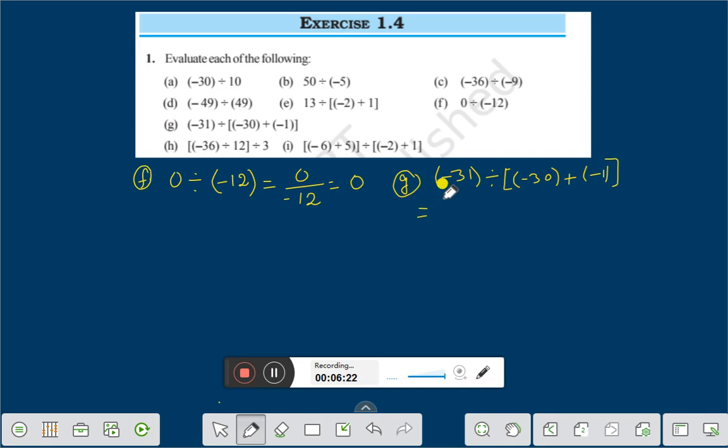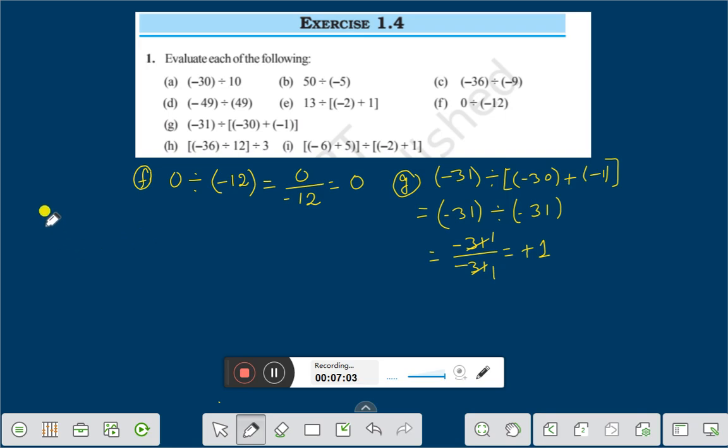Now this is minus 31 divided by, here you see, both are minus, then we have to add the numbers. 30 plus 1 is 31 and the sign will be minus, right? That means minus 31 divided by minus 31. Minus divided by minus is equal to plus, and 31 divided by 31, we divide it, it will be 1 by 1, and that comes to 1.